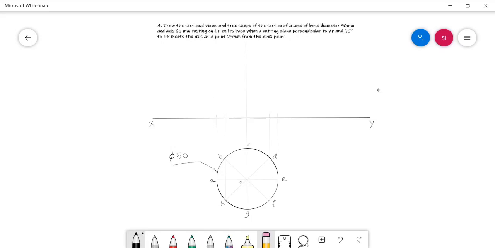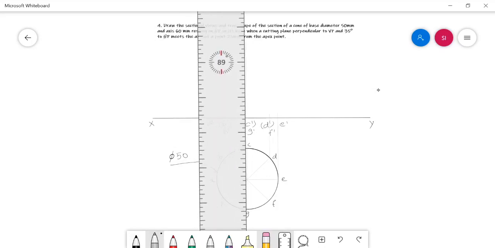Now mark the generator points in the lateral view of the solid: A dash, B dash, C dash, D dash, E dash, F dash, G dash, and H dash. And the axis height of the solid is 60 mm.